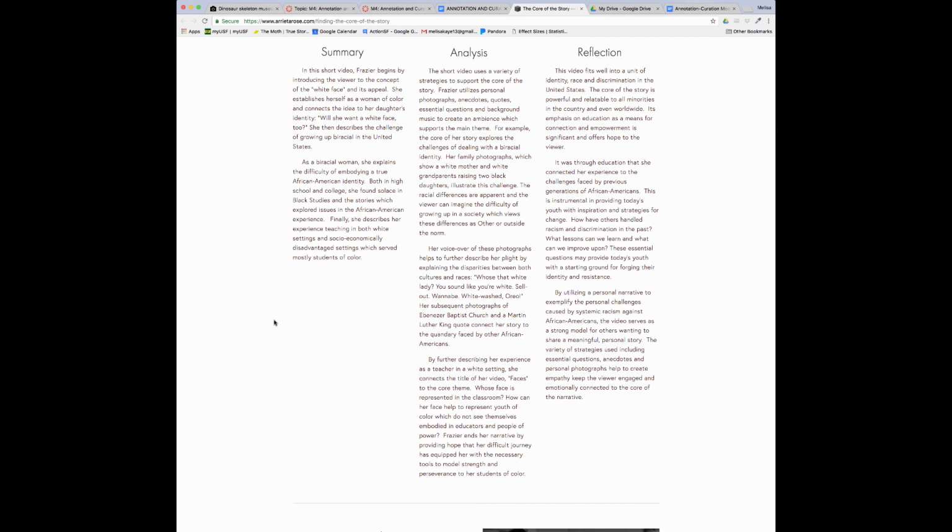So try to think multifaceted when you're doing your analyses. And then the reflection talks at a higher level, a more meta level, and possibly also a personal level about what the video means. So those are some ideas of how to curate and annotate the videos.